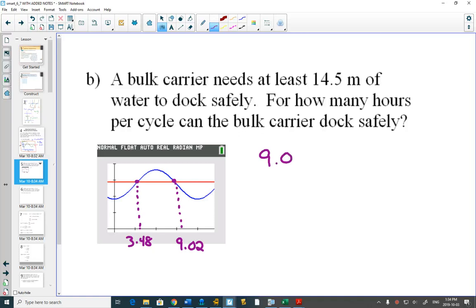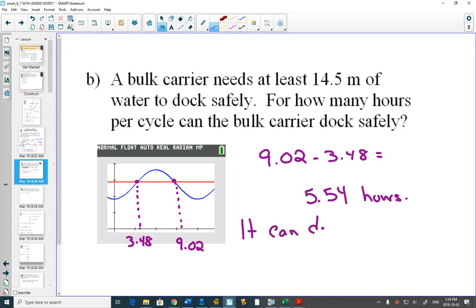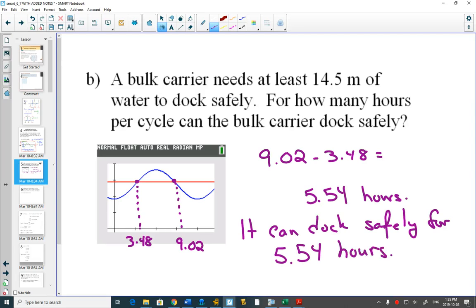If I go 9.02 minus 3.48, since it's a word problem, it can dock safely for 5.5 hours.